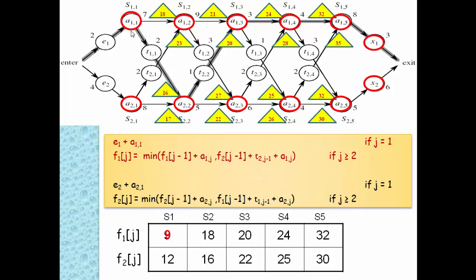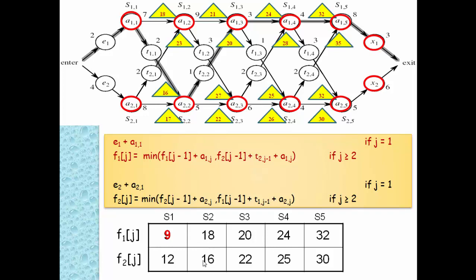Now we are on station number 1. Now we have to move to station number 2. We have again 2 paths, station number 1 of line number 1 to station number 2 of line number 1, or station number 2 of line number 2. Among these 2 paths, we have to choose the best path, and we can identify that from this matrix. Among the values 18 and 16, which one is minimum? 16.